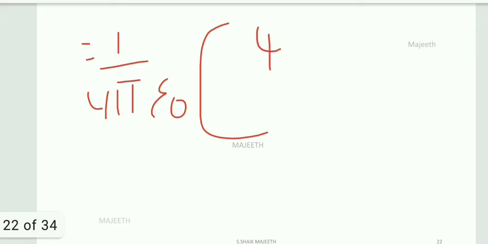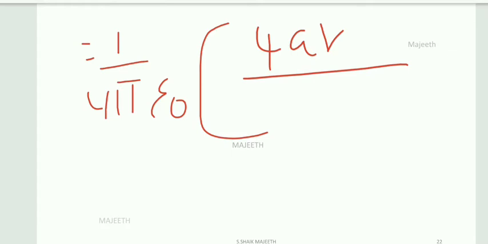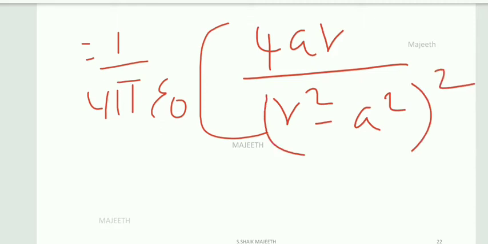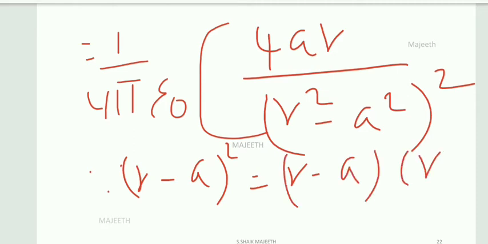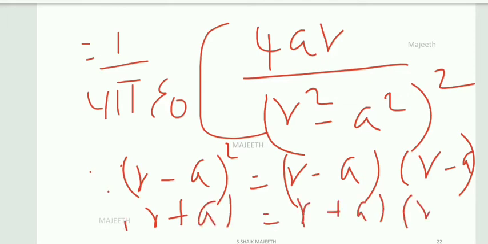So it is 4AR divided by R squared minus A squared whole squared. Why? Because R minus A whole squared is nothing but R minus A into R minus A, and R plus A whole squared is nothing but R plus A into R plus A. A plus B into A minus B is equal to A squared minus B squared.